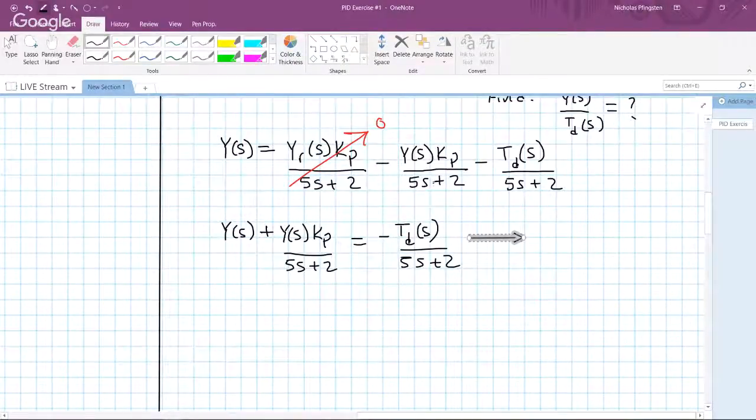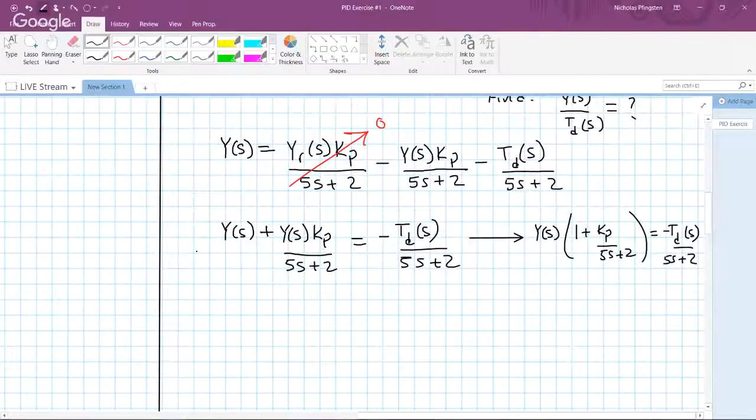And then I'm going to group that y of s out. It gives me 1 plus kp over 5s plus 2, minus T sub d of s all over 5s plus 2.